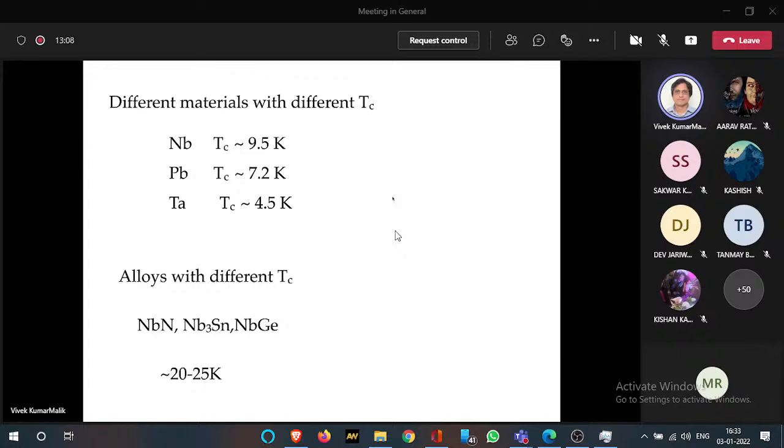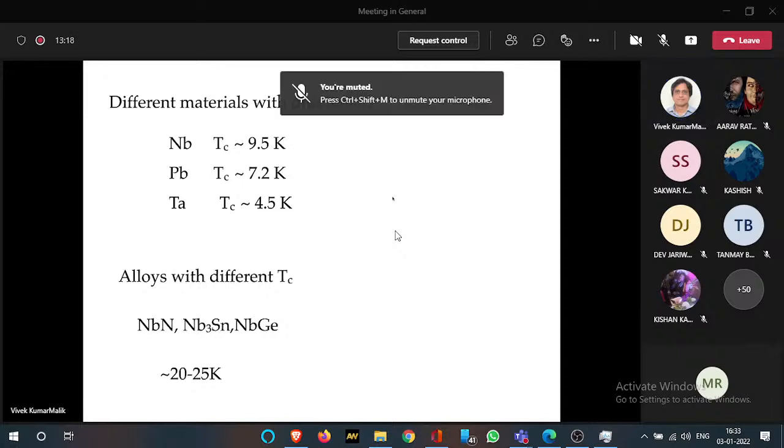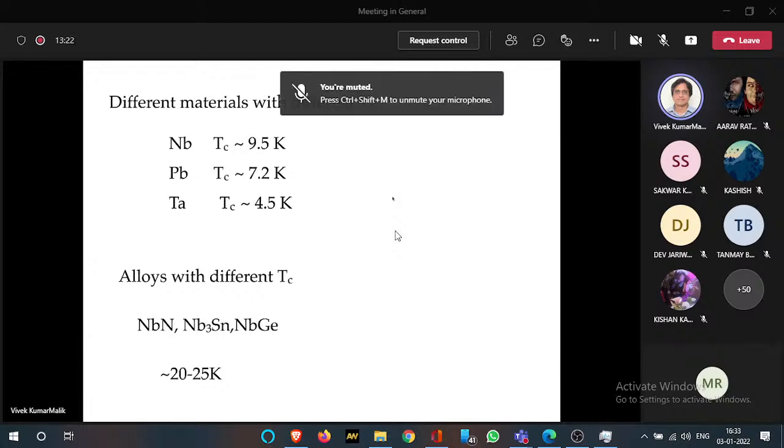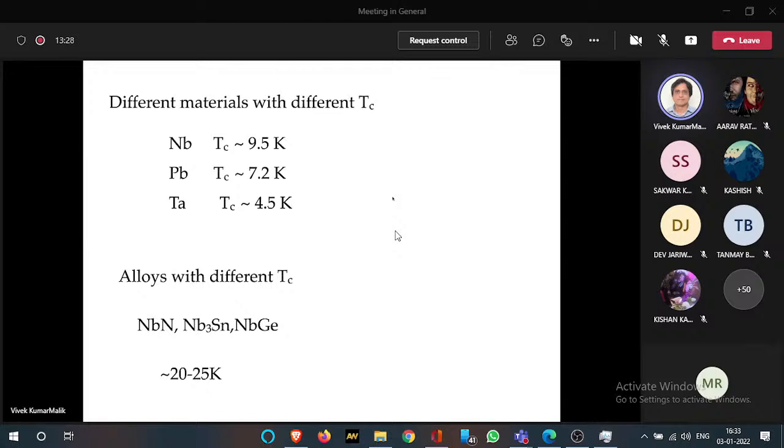That's where BCS theory put a limit for the highest TC, of the order of 25 Kelvin. By the 1970s and 80s, it was confirmed via BCS theory that the TC cannot go above 25 Kelvin. So more or less things were known.